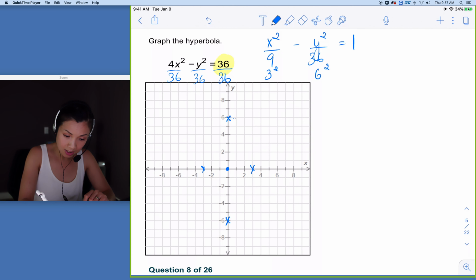And then once again, I need to draw the rectangle. And based on the rectangle, I'm going to draw the asymptote, which is the diagonal.